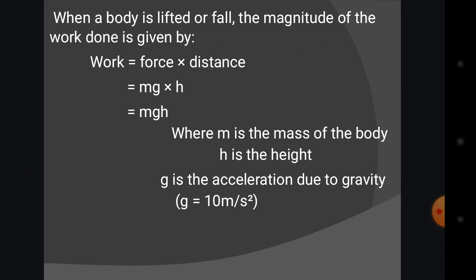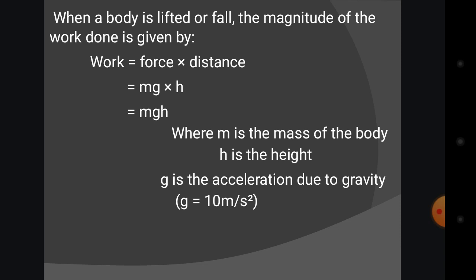So when a body is lifted or falls, whether it is going against the force of gravity or not going against the force of gravity, the magnitude of the work done is equal to the force times the distance. This formula is used to calculate work for a body, whether it is lifted upward or falling downward.